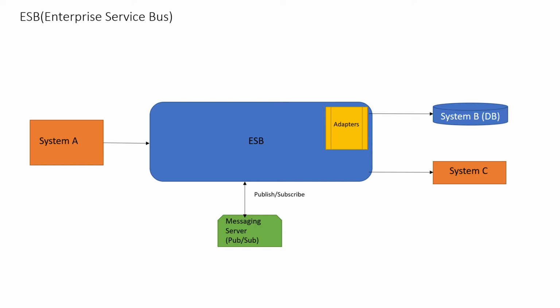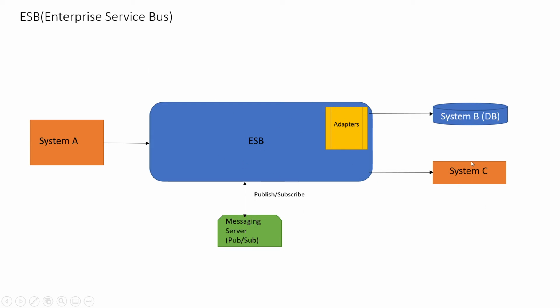So if we want to understand that, let's take a practical example. Let's say system C has hosted a web service and there are consumers. One such consumer is system A, which is hitting that web service URL, and let's assume ESB is not there as of now.